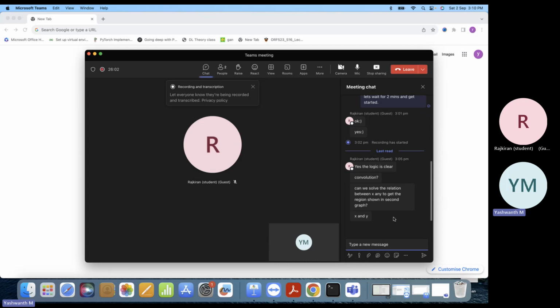You can solve the relation between x and y. So assume you have x and y, some independent random variables. Now you add them. You can show that z is the convolution of x and y, and by doing that operation, you get the triangle out of those two squares. For now, let's take that as true, and after we complete all these questions, I'll quickly derive that.